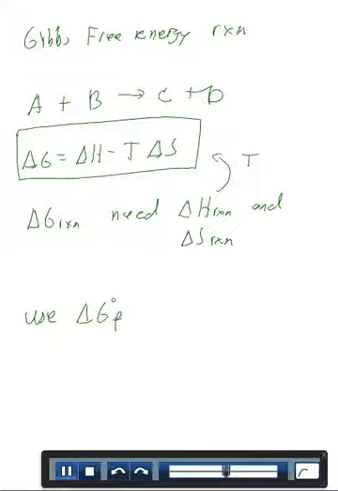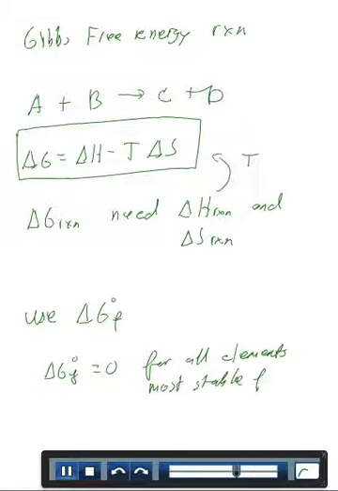Since it's a relative scale, we define the 0 point as delta G of formation is equal to 0 for all elements in their most stable form. So the delta G of formation of, say, oxygen gas in O2 form would be equal to 0, just like for delta H formation.